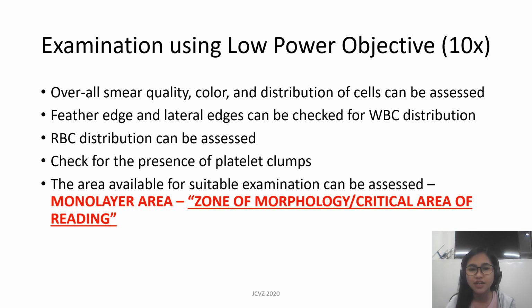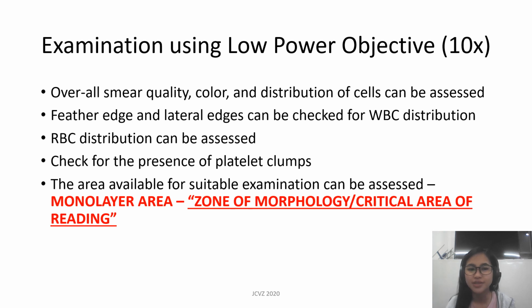We look at the feathered edge or the lateral edges of your smear and check for WBC distribution. Remember that our neutrophils and monocytes predominate our tail portion of the smear, and our lymphocytes predominate the body portion of our smear, so take note of that.